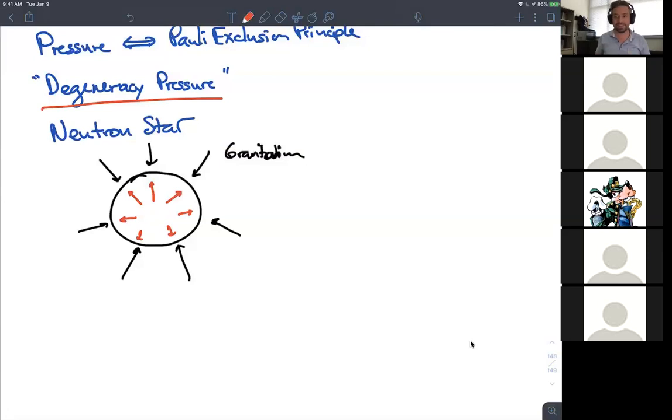And if the gravitational pressure exceeds this degeneracy pressure, then black hole time. But as long as the degeneracy pressure is higher than the pressure coming from gravitational collapse, then the star will not collapse on itself, simply because it's made out of fermions, and it will stay as a massive neutron star.